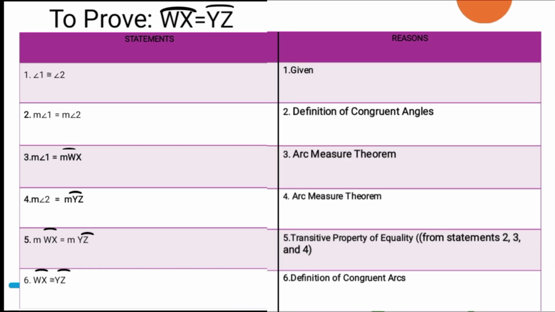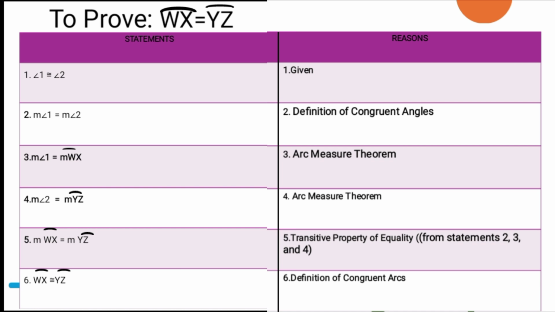Now, let's move forward and prove that arc WX is equal to arc YZ. First, the measure of angle 1 is equal or congruent to angle 2. Since the cake is cut into equal sizes, the central angles formed by the edges of each slice are also equal.